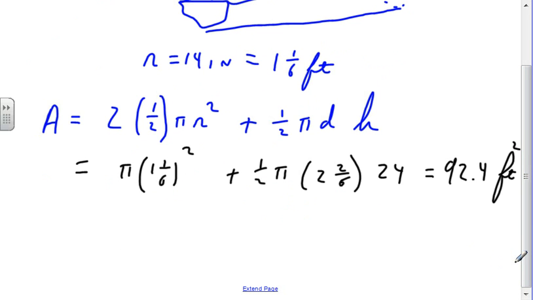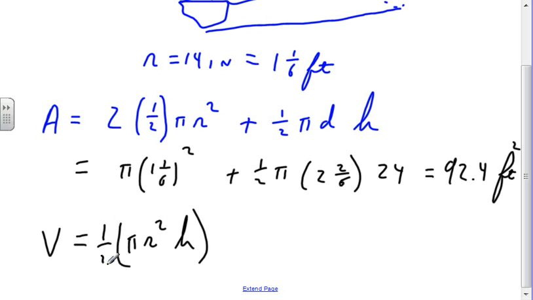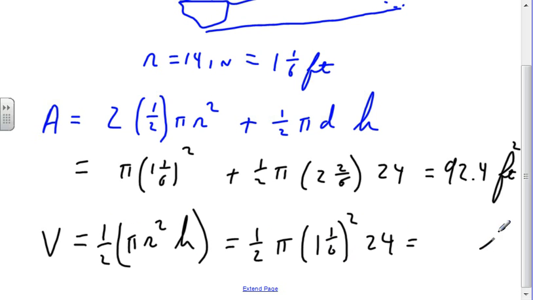Now we want to know the volume. Okay, volume of a cylinder is pi r squared h. But it's not the whole cylinder, it's only half of it. So that'd be 1/2 pi 1.16 squared 24. And when I get done, it'd be feet cubed.